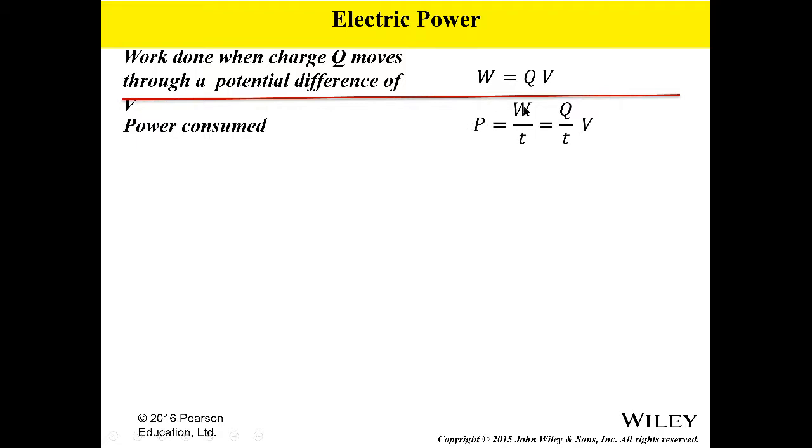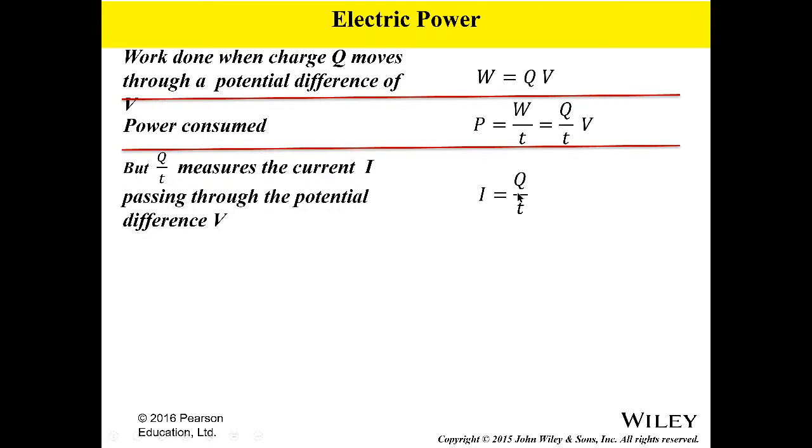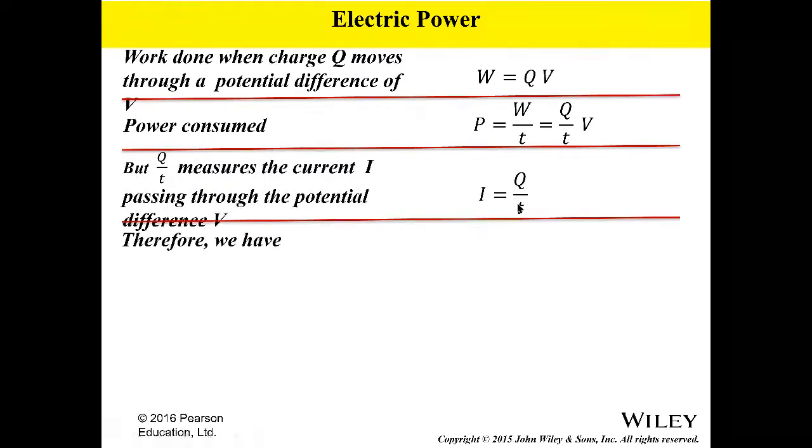That's the power. But if the work done is QV, then the power is Q over T times V, and Q over T is what we call current, I. So therefore, the fundamental formula for power consumed is P equal to IV. Right? That is the most key, simple formula that everyone should be familiar with.